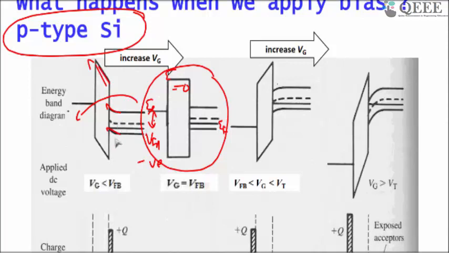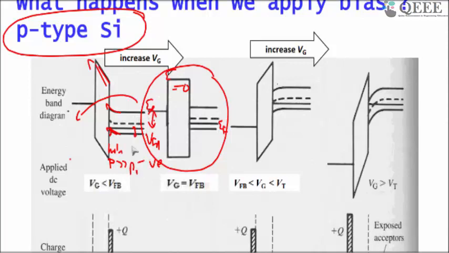So you can see now in this case your valence band is coming closer to the Fermi level, or the gap between the valence band and the Fermi level is smaller here. That means you are increasing the hole concentration, P, which is much greater than P0.